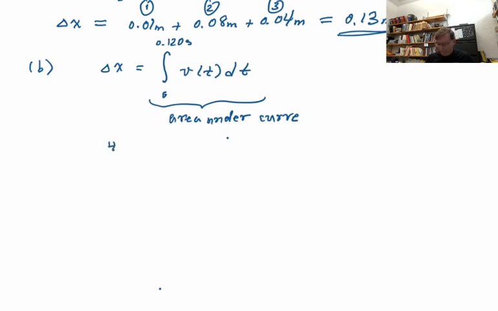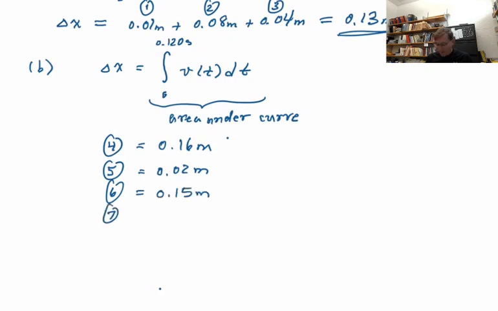Area 4, I get to be 0.16 meter. Area 5, 0.02 meters. Area 6, 0.15 meters. And area 7, 0.0375 meters. I'm keeping extra digits because it's an intermediate step.